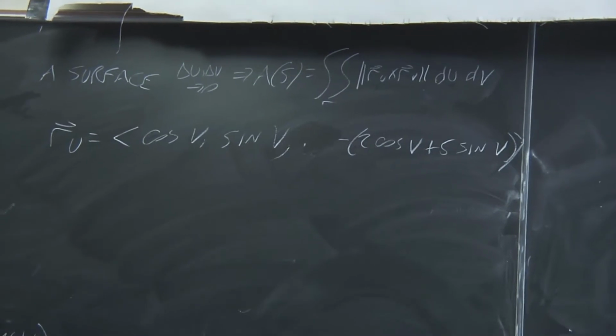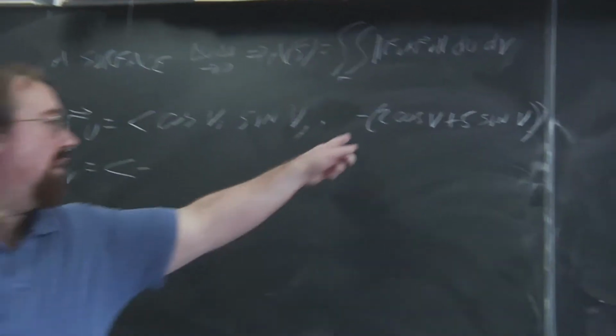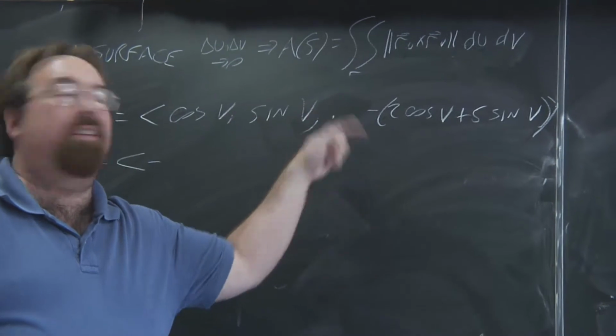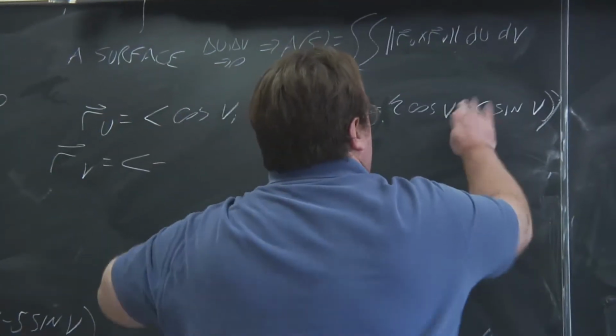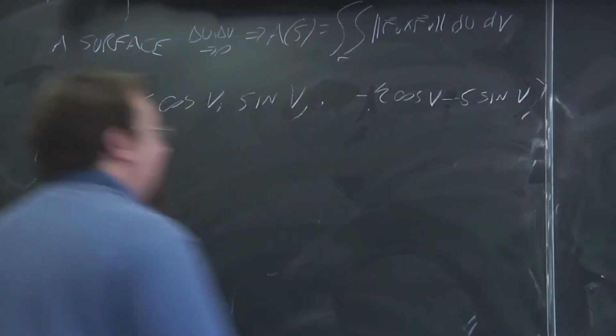Okay, so that's RU. For RV, we're going to get... Do you know that you have minus 5 sine v? Okay, I pulled the minus out. All right, yes, I see it.